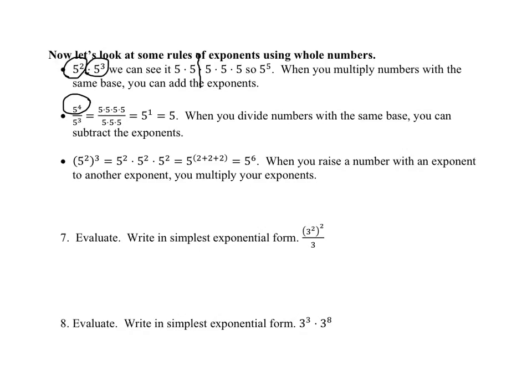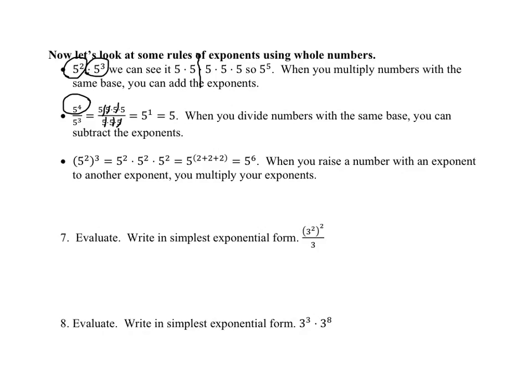So now I can divide out 3 of these 5s, because 5 divided by 5 is just the number 1. So I'm not canceling them, I'm dividing them out. They become 1. And I get 5 to the first, which is 5. So when you divide numbers of the same base, you just subtract the exponents.